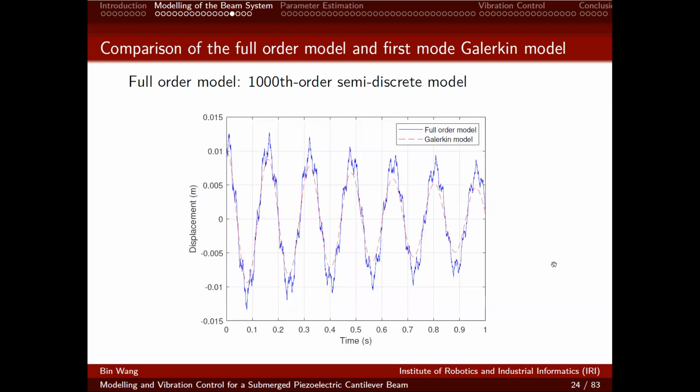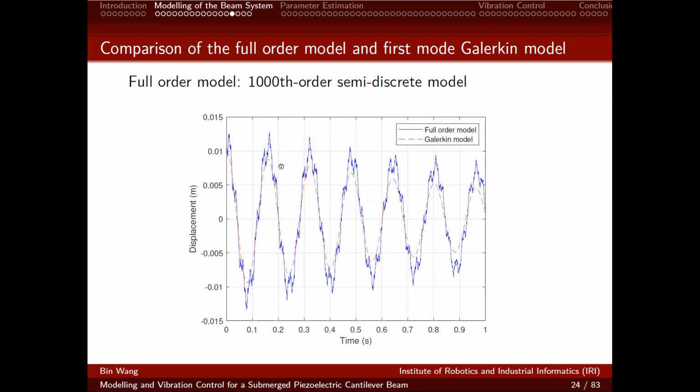We also compared the two models in the time domain. The beam model is released from 1 centimeter, and we see the behaviors. We can see the blue line is the forward model.